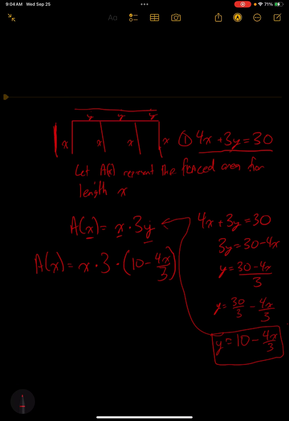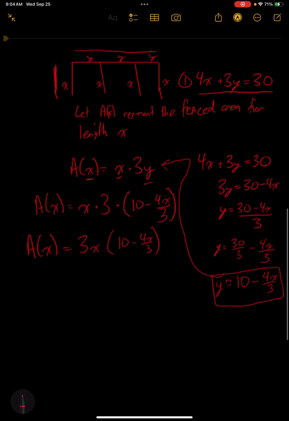Okay, so let's rewrite it. Now I have A of x in terms of x only, no y's. So let's expand: 3x times 10 minus 4x over 3.